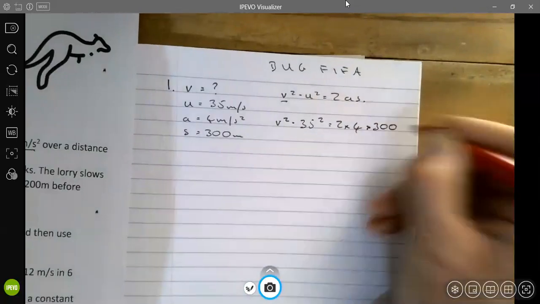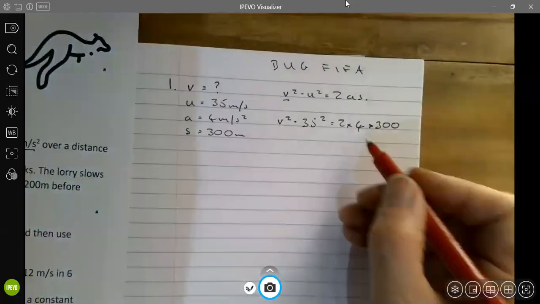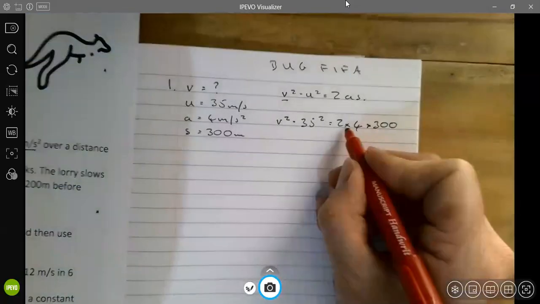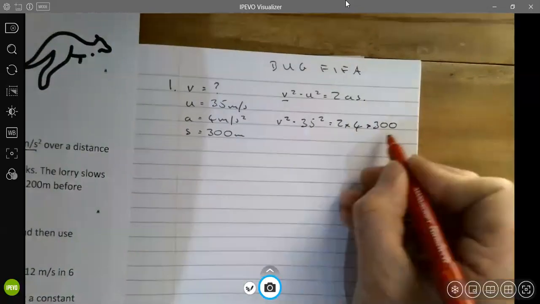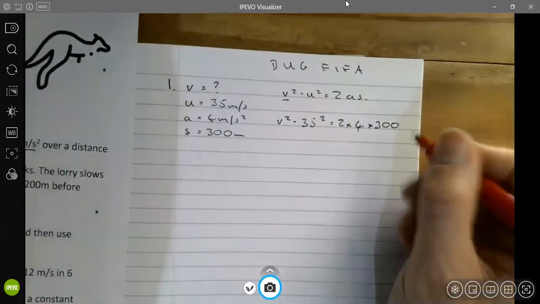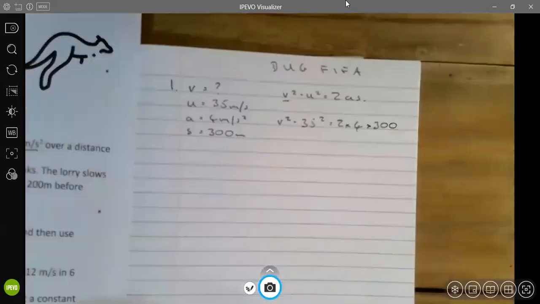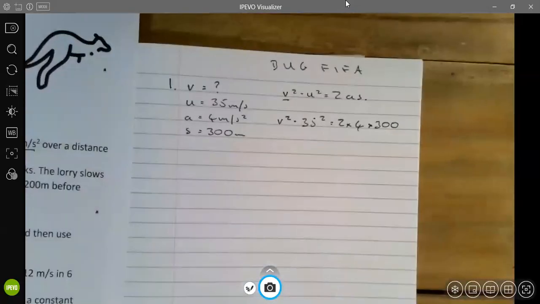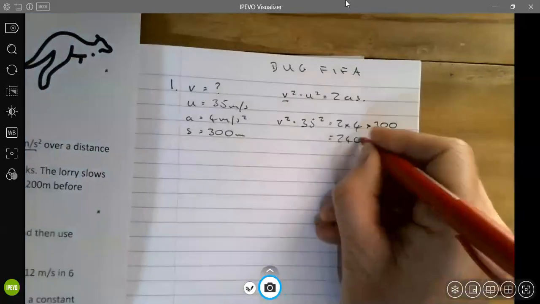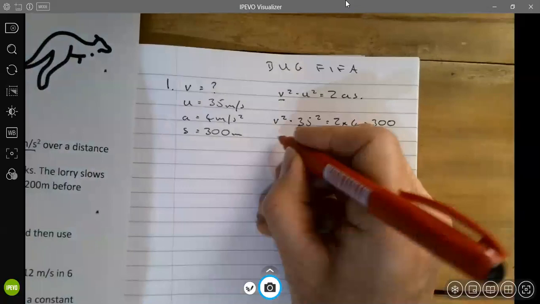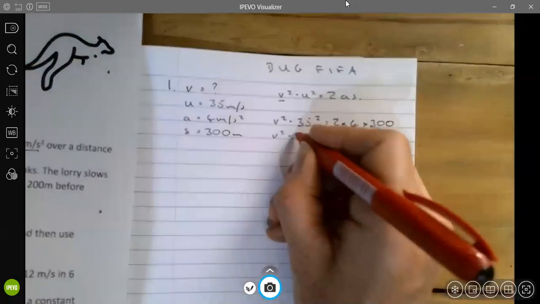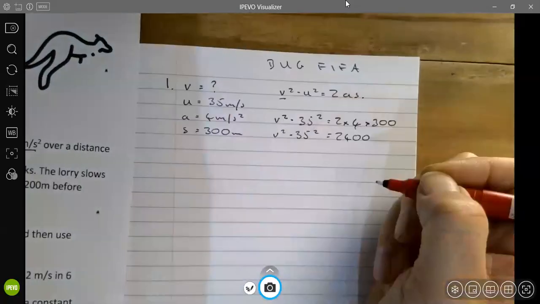To make this simple, I'm going to multiply this side out just to give me one number. So I've got 2 times 4, which is 8, times 300. 300 times 8 will give me 2,400. So I've now got v squared minus 35 squared is equal to 2,400.